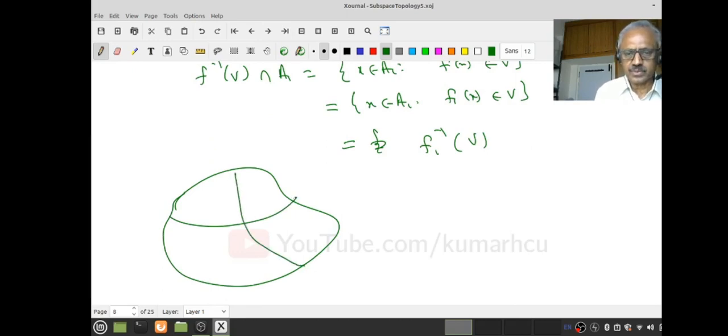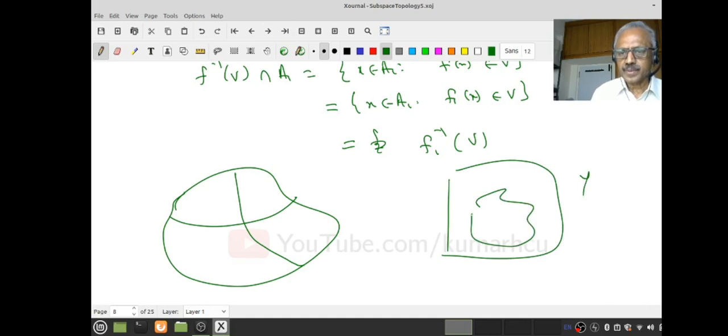Let us say simply two things. This is my Y. Okay, I have a V. When I take the inverse image, that's going to be something like this. And there may be something. This is one set, this may be another set, this may be a third set.